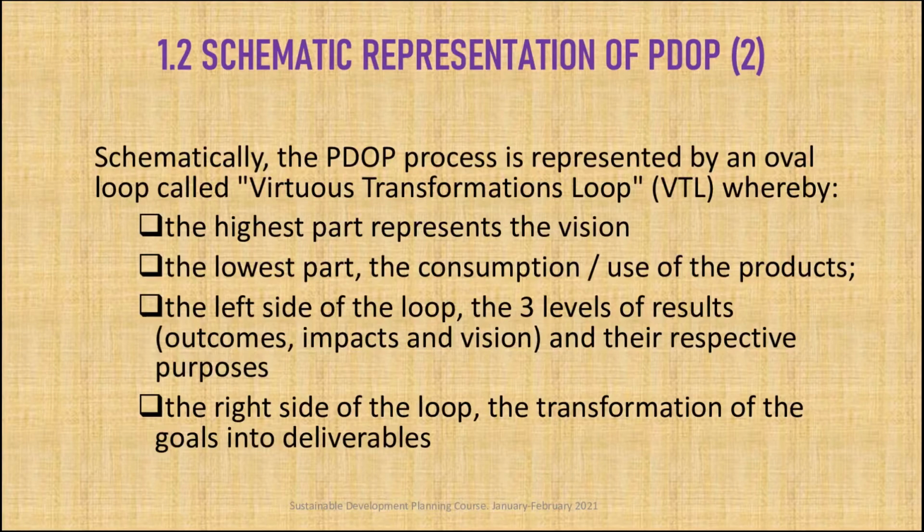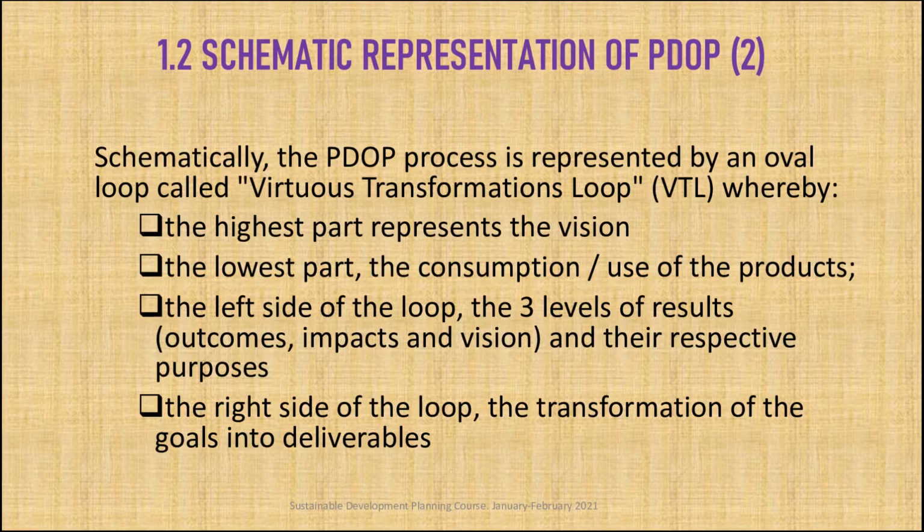So the PDOP can be represented schematically as a process represented by an oval loop that we've called the virtuous transformations loop, whereby the highest part represents the vision, and the lowest part, the consumption, the use of the products.